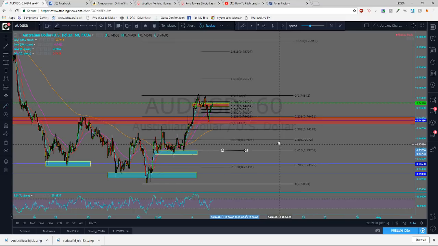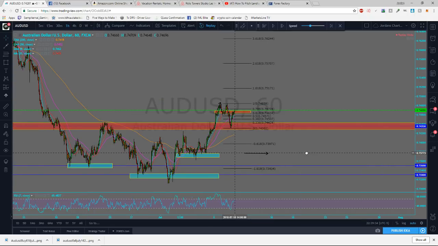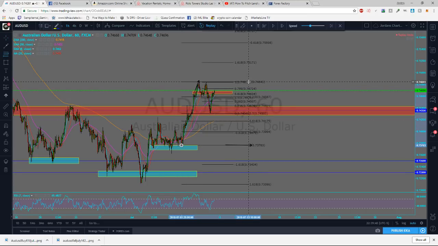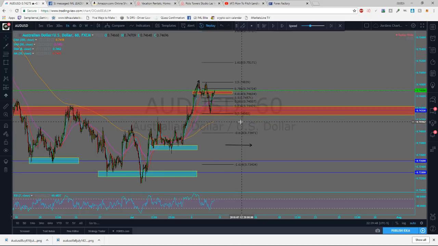Okay? Maybe you didn't do it that way. Maybe you did your fibs from this low to this high, looking for this 61.8, which is relative with this past structure, all right here in this area, right?